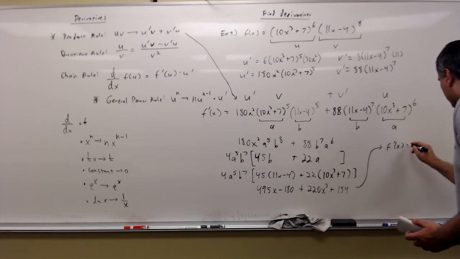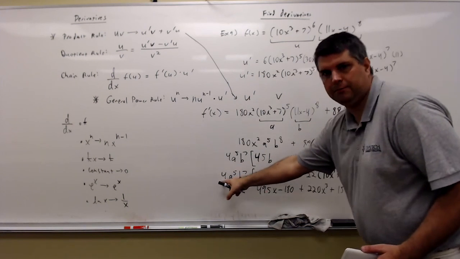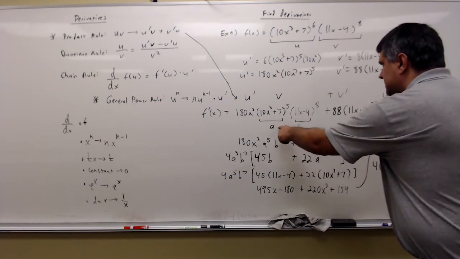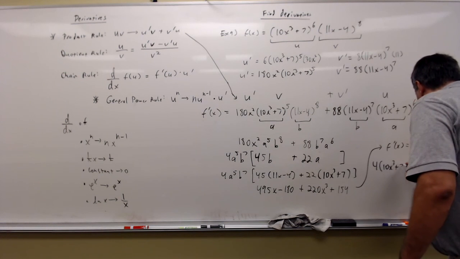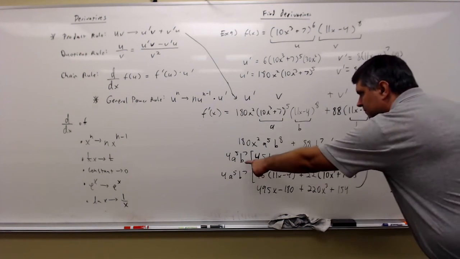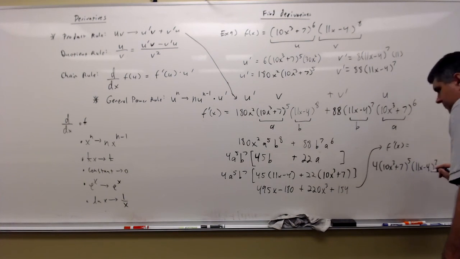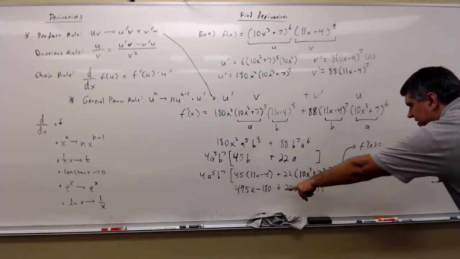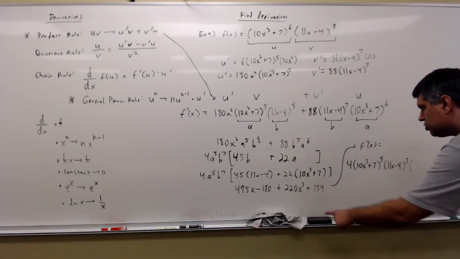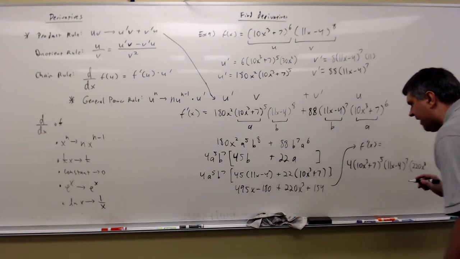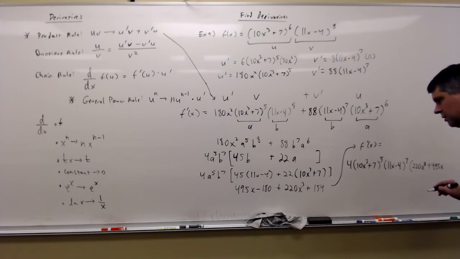So f prime of x equals 4, a is 10x cubed plus 7 to the 5th, 11x minus 4 to the 7th, and then I'm going to simplify this: 220x cubed plus 495x minus 26.